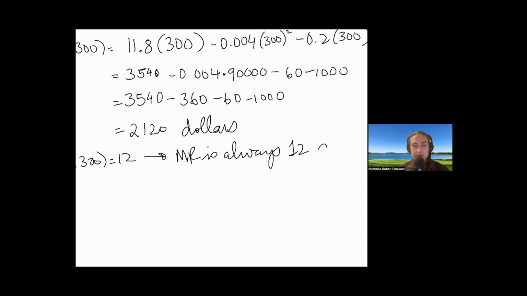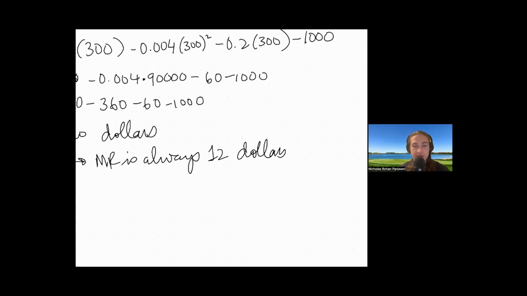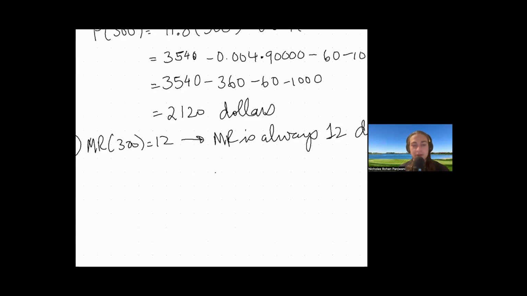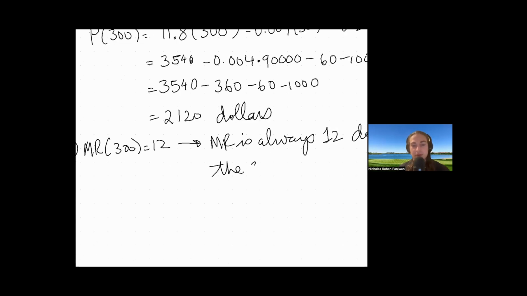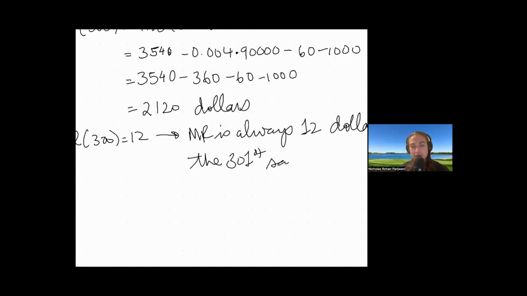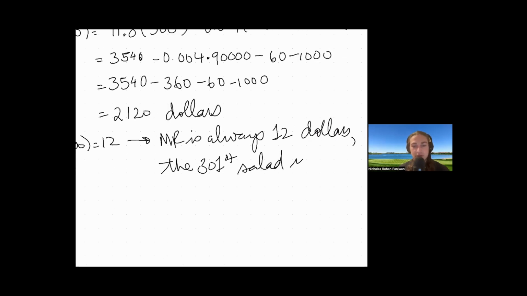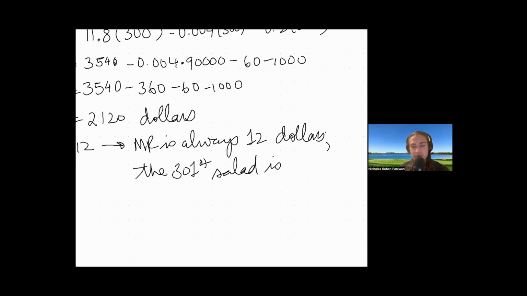But also, the 301st salad is estimated. They like this word estimated.